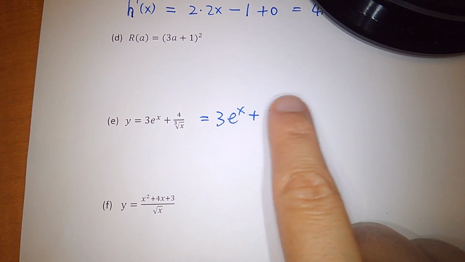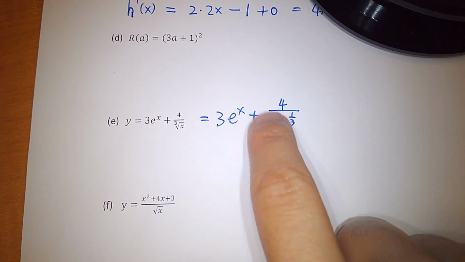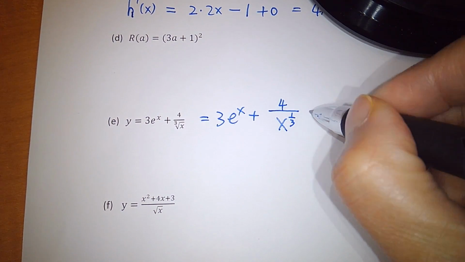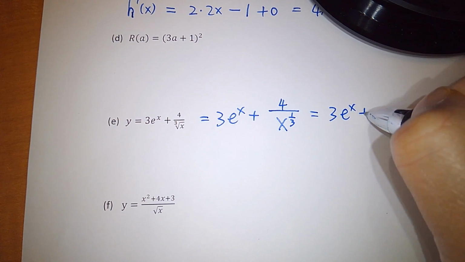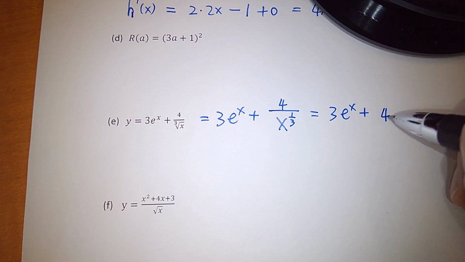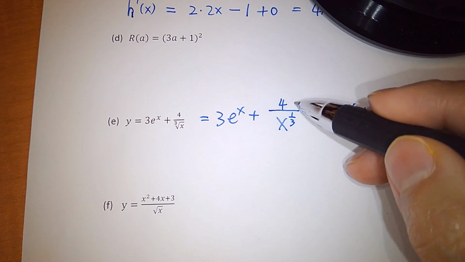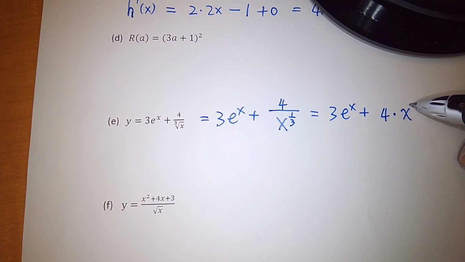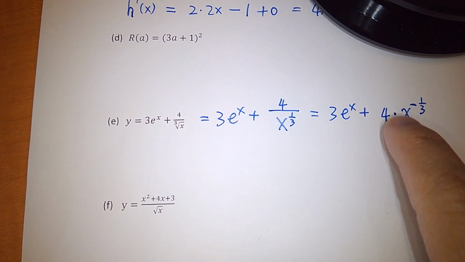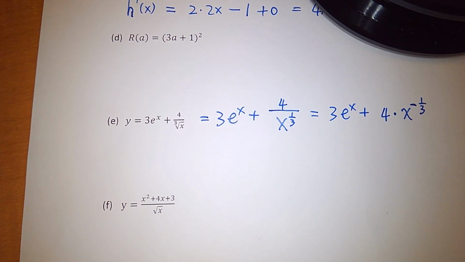We cannot use the power rule directly, so we have to rewrite this term. It equals 3 e to the x plus 4 times, what's 1 over x to the 1/3? 1 over x to the 1/3 equals x to the negative 1/3, right?